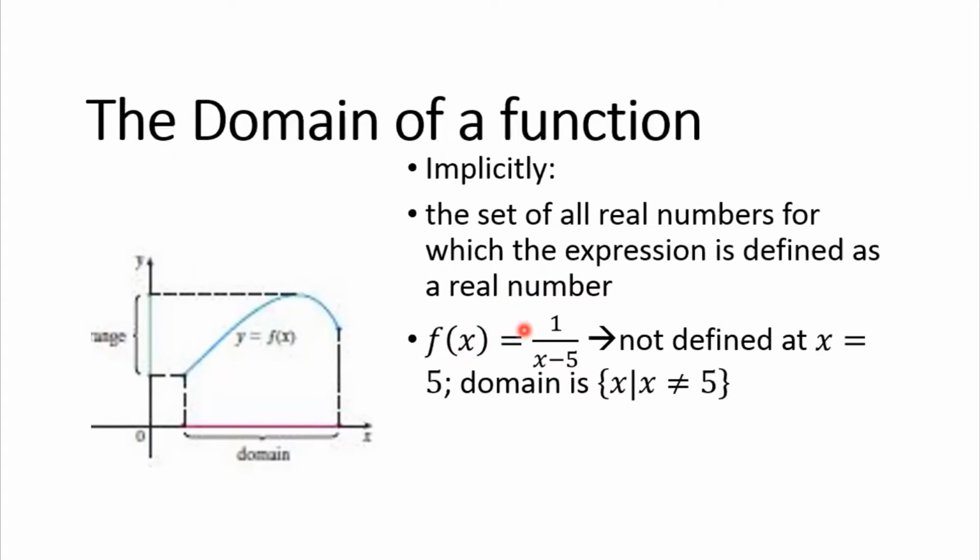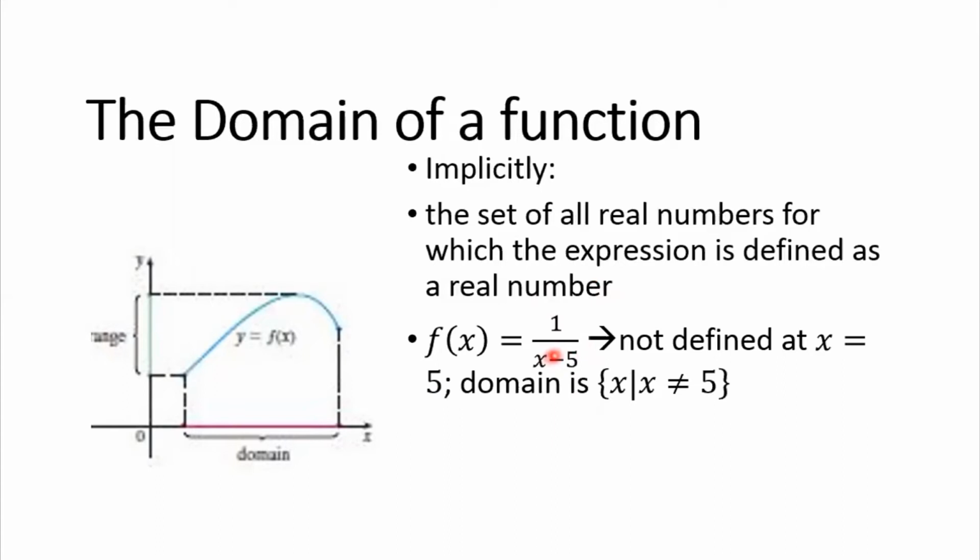Now, since this function is very clearly not defined if x is equal to 5, right? Because if x is equal to 5, the denominator will be 0 and the whole expression will be undefined because we have a function value which is 1 over 0, so undefined.